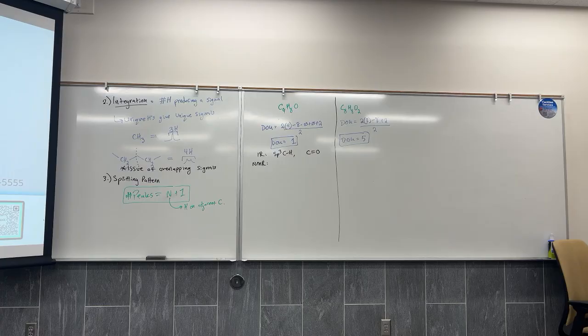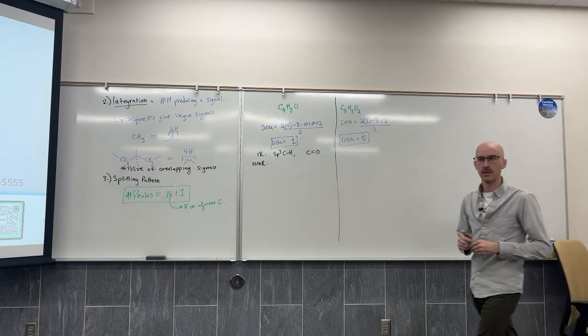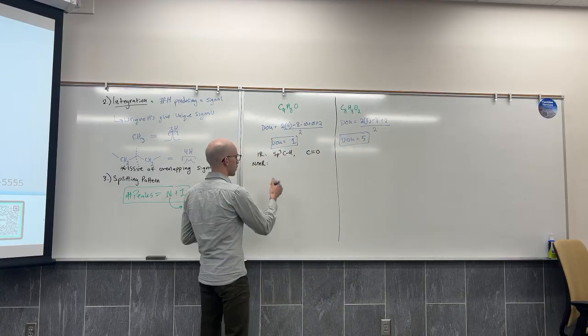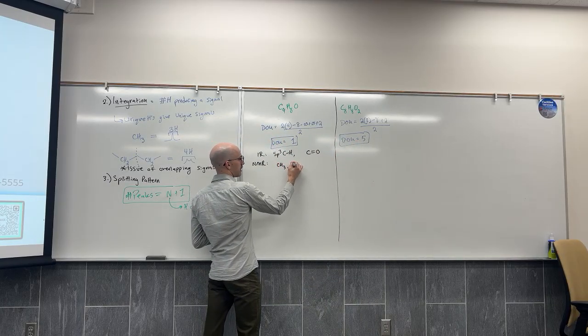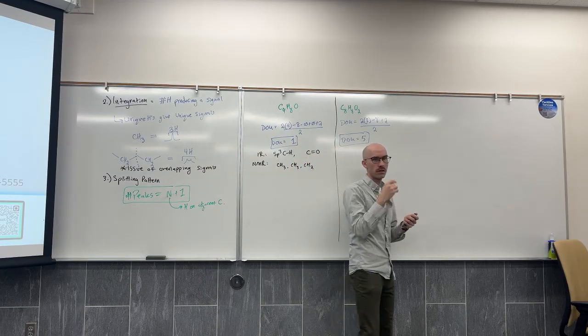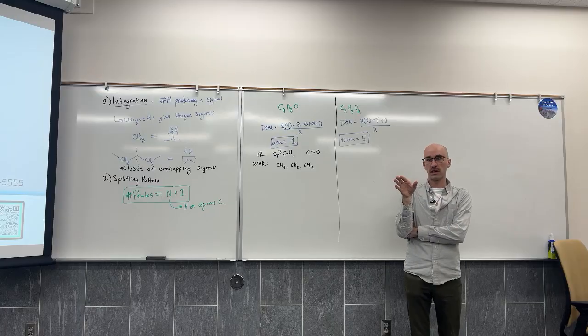So with that in mind, what we can glean from the NMR on the left, we've got 3 hydrogen regions. We have a CH3, a CH3, and a CH2. None of which agrees with having an aldehyde.